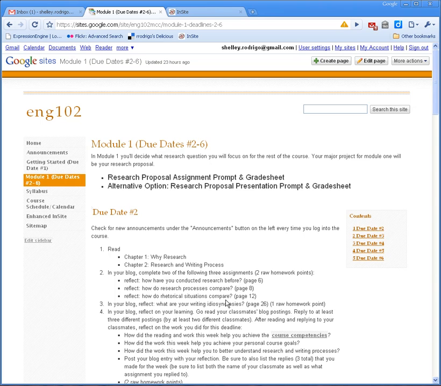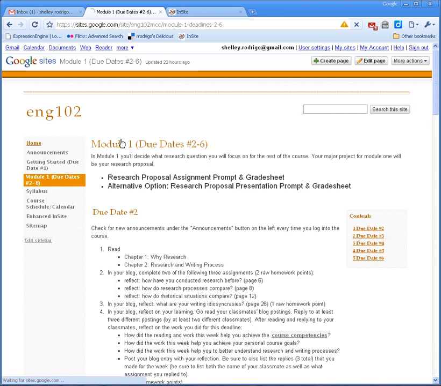At its heart, your research proposal is basically saying, hey, Shelley, my research question is what, why, how, whatever the question is. I'm interested in it because, and this is my plan for how I'm going to go about researching it. That's all the research proposal is. Check the grading criteria, of course, there's a little bit more, but that's the heart and soul of it. And all of your homework here builds towards that proposal.